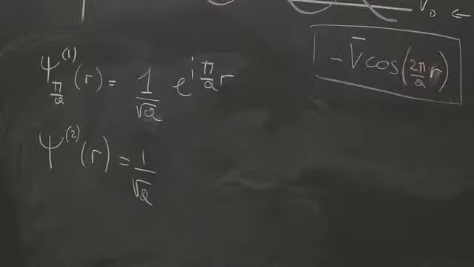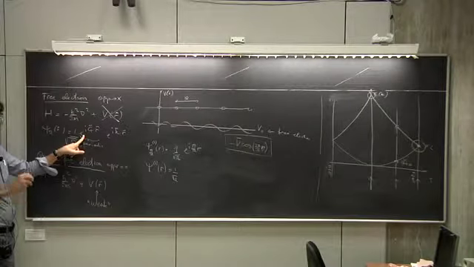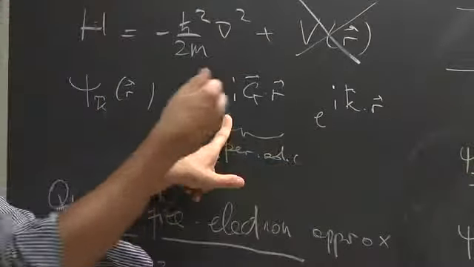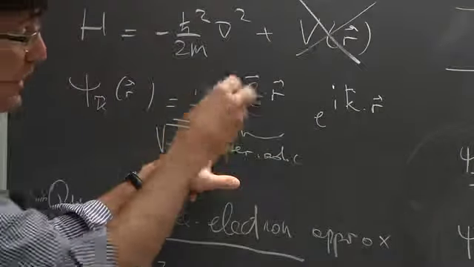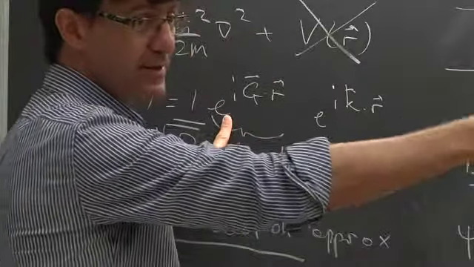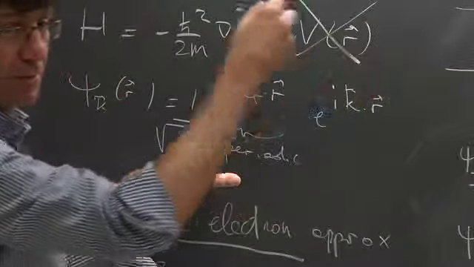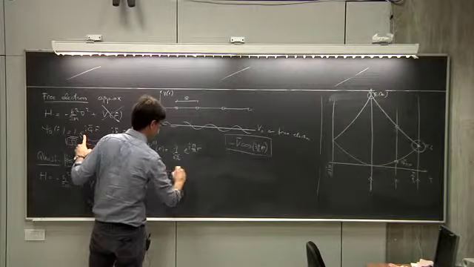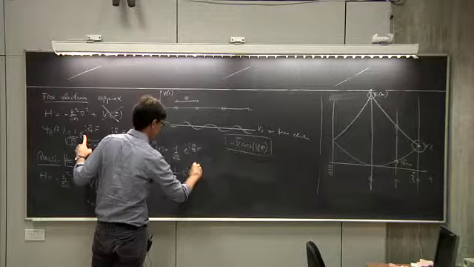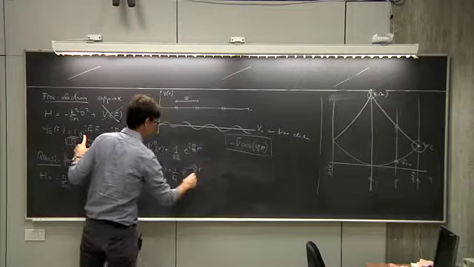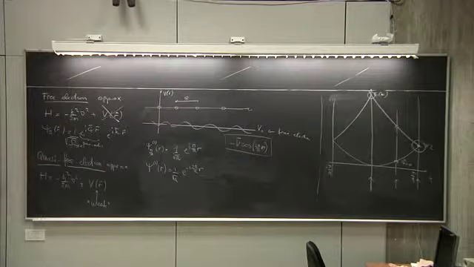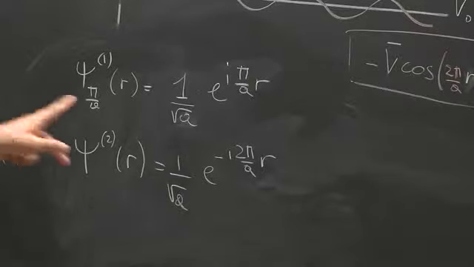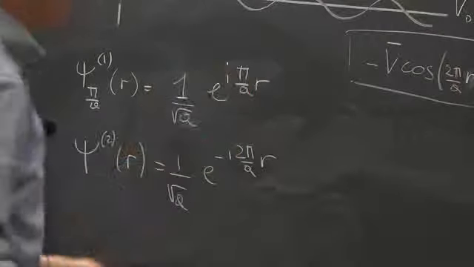Well, e to the i g r. G is actually minus 2 pi over a, you remember, because the parabola centered at 2 pi over a is the one corresponding to minus 2 pi over a. So this is e to the minus i 2 pi over a r, and that's the periodic part of the Bloch state. Then comes the Bloch phase, but the Bloch phase is the same as the other one because they correspond to the same point.